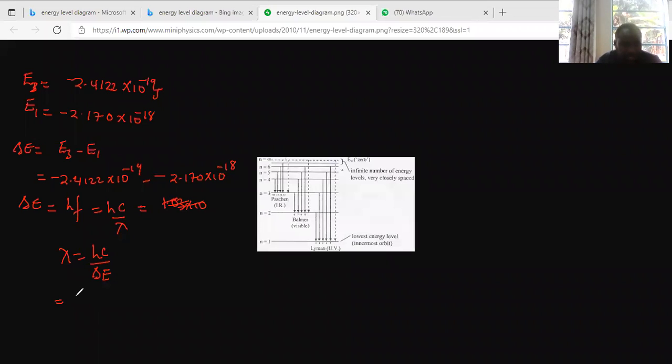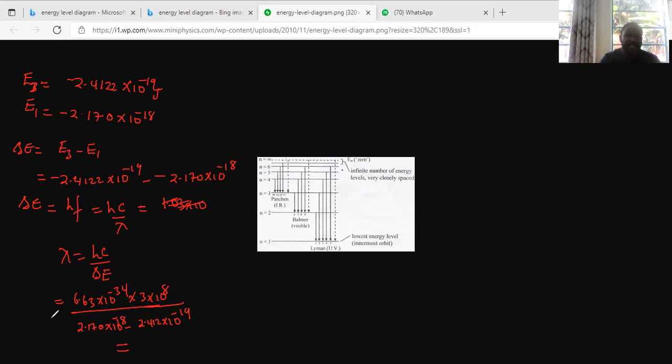If you compute it at once, it is 6.63 times 10 power negative 34 times speed of light, divided by change in energy, which is negative 2.170 times 10 power negative 18 minus negative 2.4122 times 10 power negative 19.